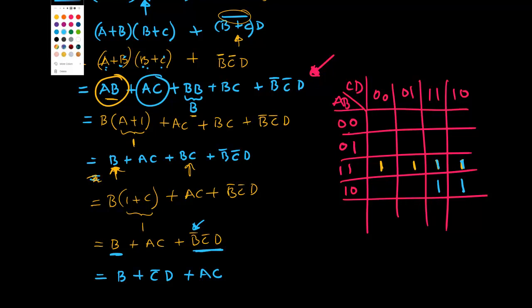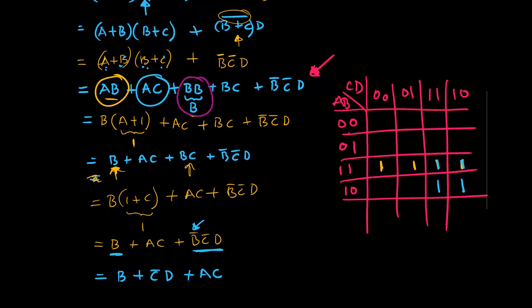The next one is just B. So anywhere that B is 1, which is actually these whole 2 rows here, and the 1 row was already filled in.